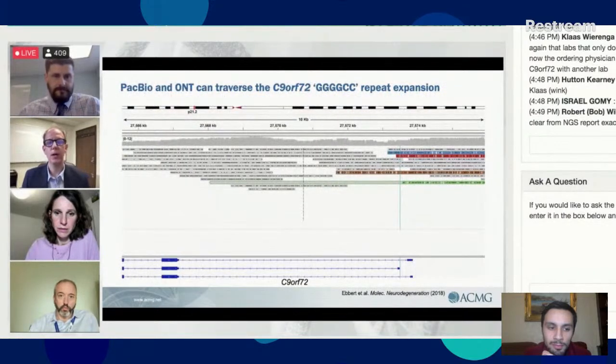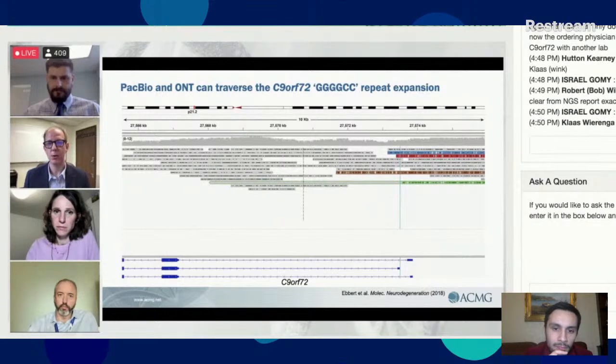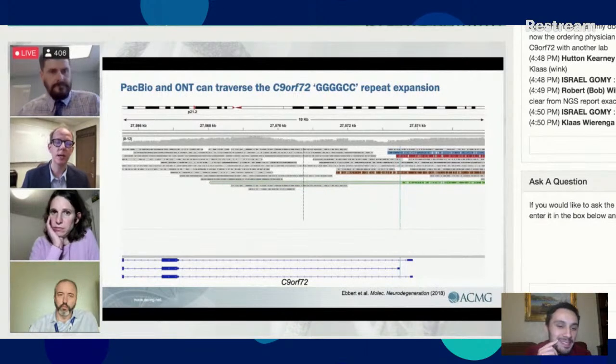So I wanted to also show some data from a previous publication. What I have been showing you is not published yet. But this is from a 2018 paper where we were comparing PacBio and Oxford Nanopore technologies to see if either or both technologies could sequence through the C9orf72 G4C2 repeat expansion.